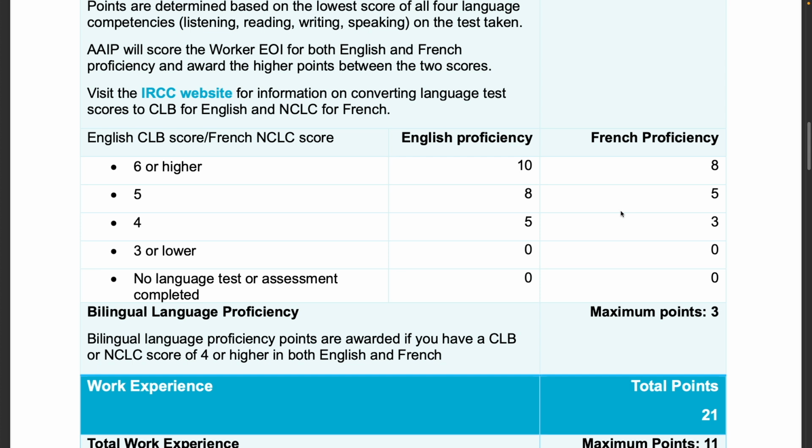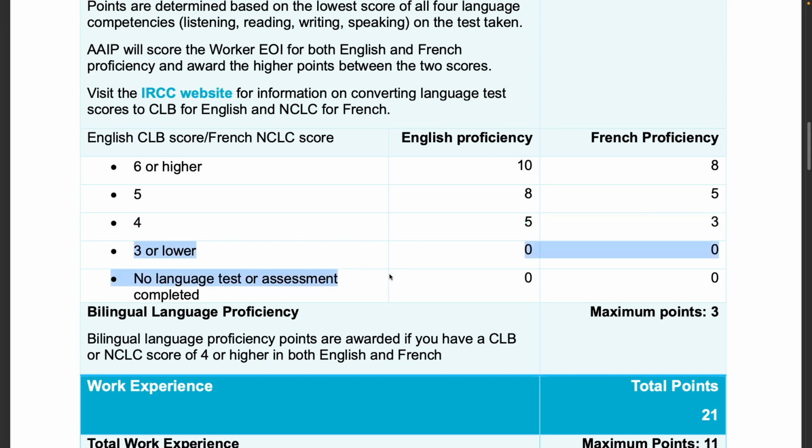So there are 2 parts to it. First, the highest of the language proficiencies that you have, where you can get up to 10 points. If you are fluent in English, you get 10 points, but if you are fluent in French, you get only 8 points. So English has a bit more preference here. Plus, you get 3 points if you can score 4 or more in both of the languages.